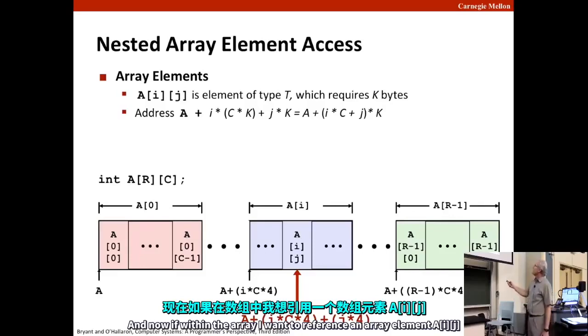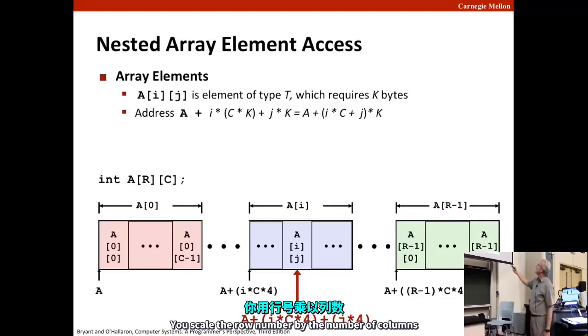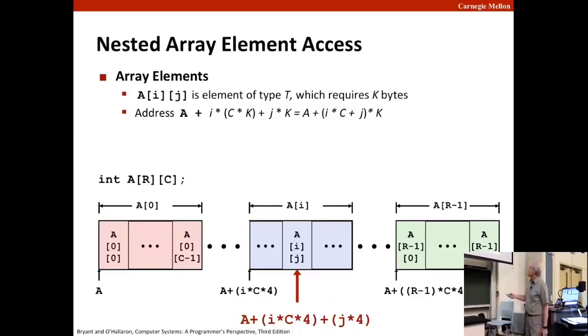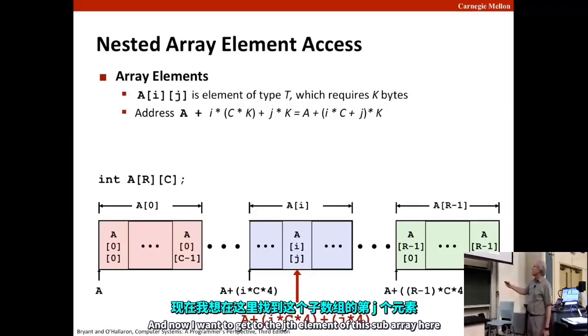And now if within the array I want to reference array element A[i][j], then it comes out to this computation. You take the starting address, you scale the row number by the number of columns, add to it which column you want, and then multiply that all by k. So the way to see that is, here I can get to row number i by just scaling i by the number of columns times the size of the elements, or 4. And now I want to get to the jth element of this subarray.